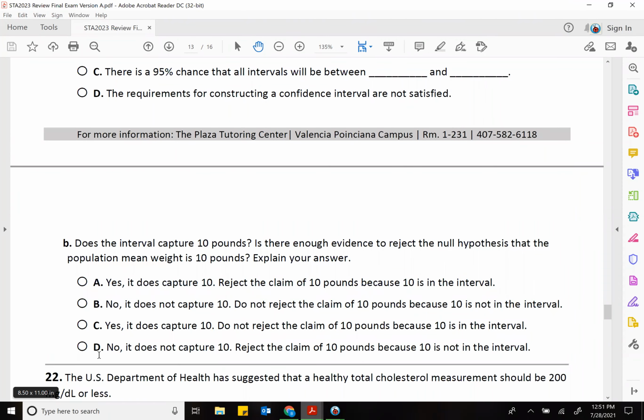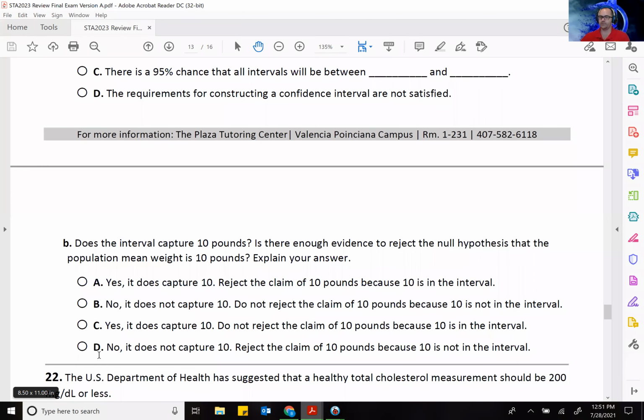Yes, you would, because it's not included. So which answer is it? B or D then? D. D as in dog. Just wanted to make sure because I know B's and D's sound alike. So you're going to say no, it does not capture 10, and you're going to reject that because 10 is not in the interval.